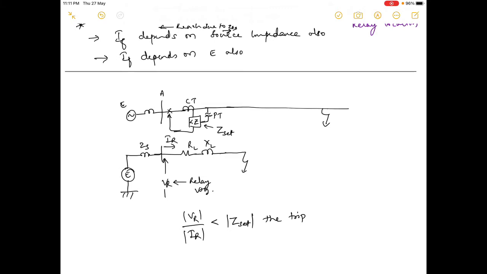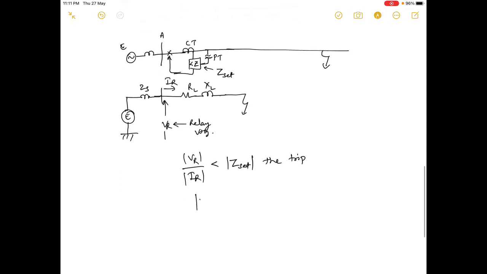It means if ZR is less than Z set, it will trip. So how do you actually set this Z? We'll understand it right now. See, there is a torque equation. We have a current coil, and inside this we have a potential coil also. It's just like your energy meter, your disc type energy meter.